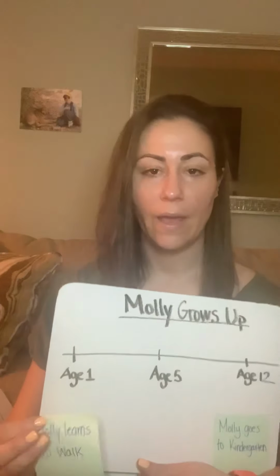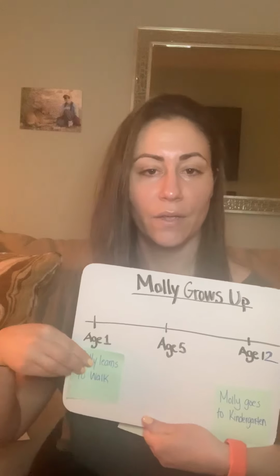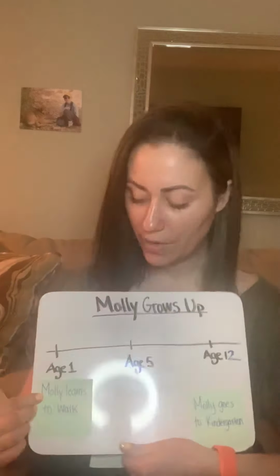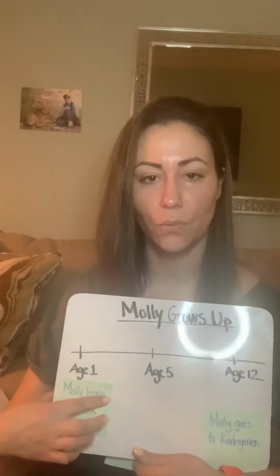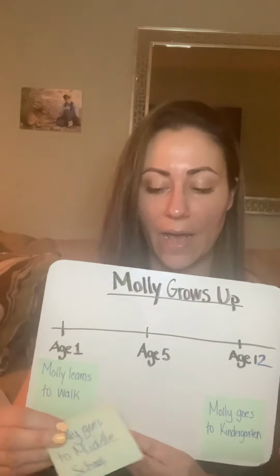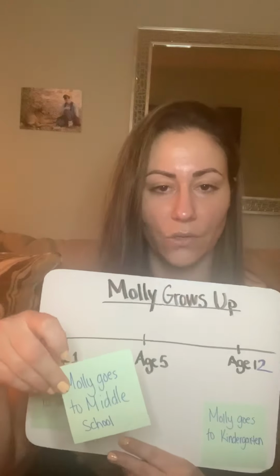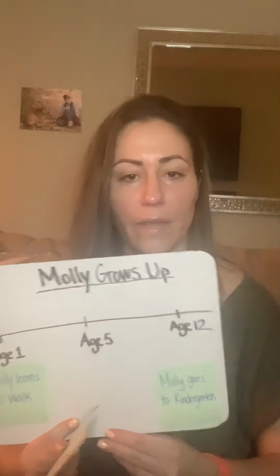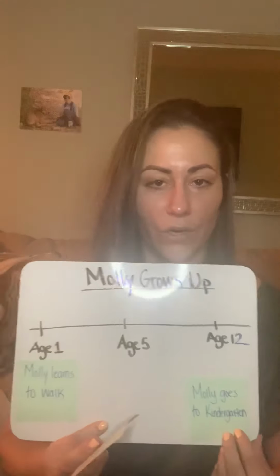Right, you would be learning to walk, right? So I'm going to pick this up, and for the timeline, we would put for age 1, Molly learns to walk at age 1. Next, we have age 5. Right here, I have Molly goes to middle school, and the other one is Molly goes to kindergarten.